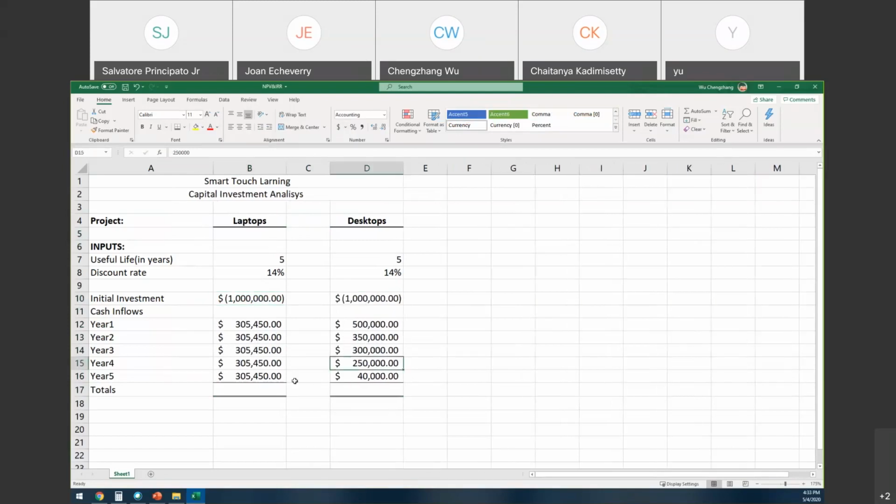Okay. To calculate the totals, we do not use a calculator on our cell phone or calculate the total manually. Instead, we use a function in Excel, the sum function.